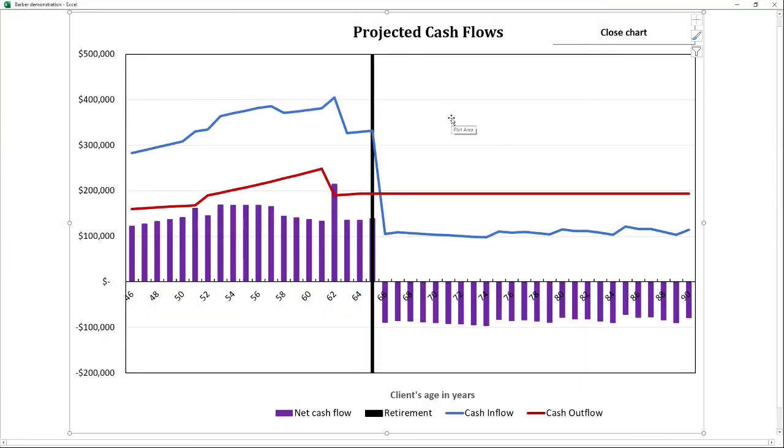The Barbers' cash flows chart reveals the real, that is after inflation, and after-tax cash flows implied by the Barbers' assumptions to Pete's age 90. Both cash inflows, the blue line, and cash outflows, the red line, are ongoing. That is, they exclude once-off inflows and outflows.